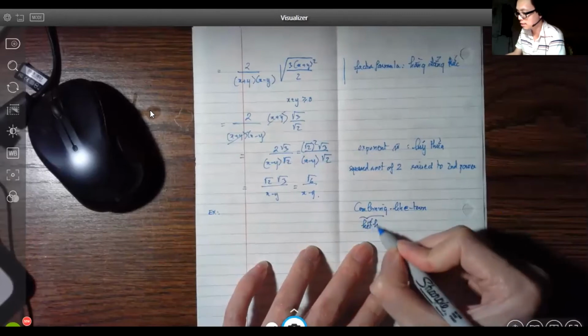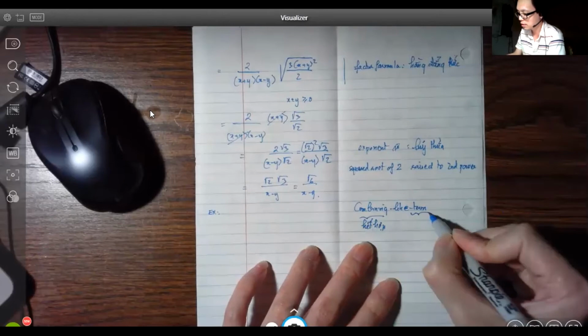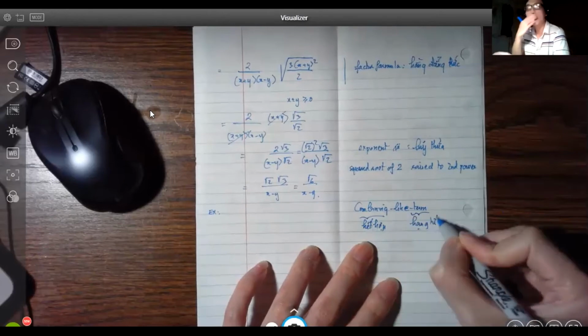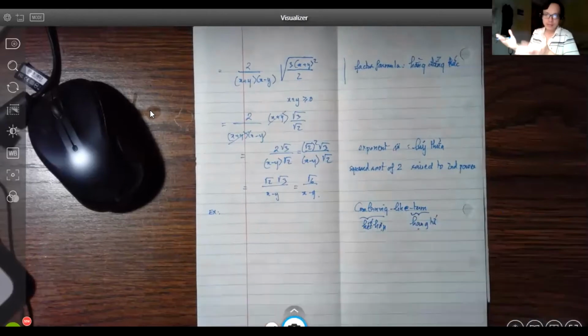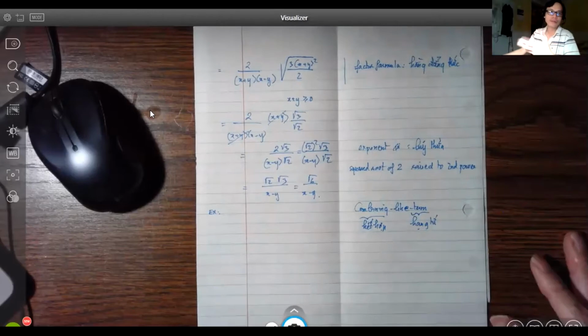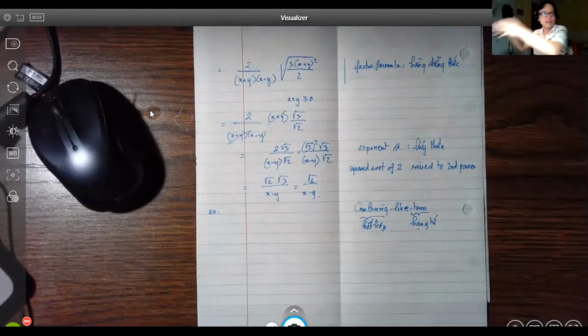Term là hạng tử đó. Chẳng hạn như 2x plus 3x là 5x. Okay, 2x plus 3x equals 5x. That's what combining like terms means, because all the terms are similar to each other. If the terms are not similar to each other, we cannot combine. Okay, you can multiply, but you cannot combine.